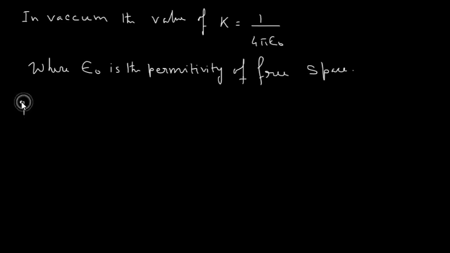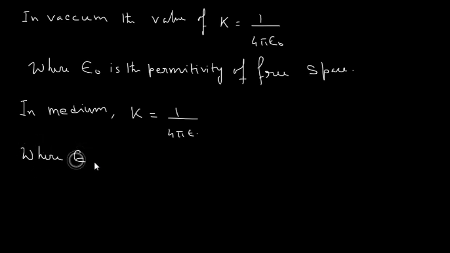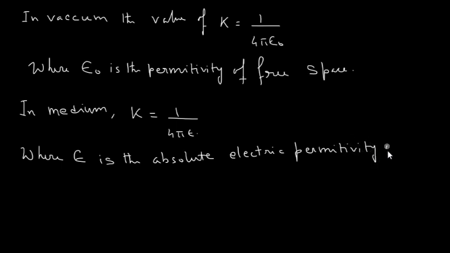So in medium, K is equal to 1 by 4 pi epsilon, where epsilon is the absolute electric permittivity of the dielectric medium.